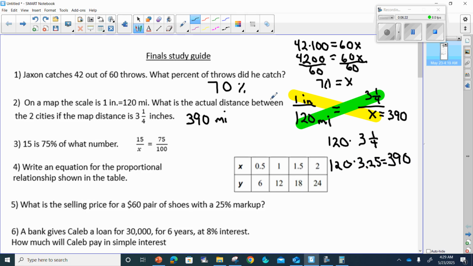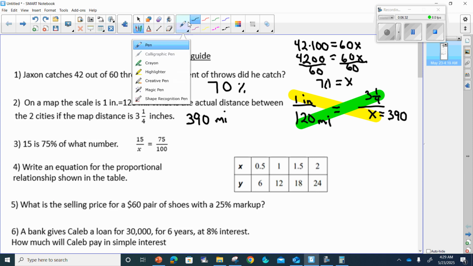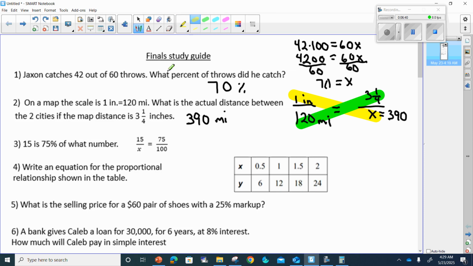All right, let's go on to number 3. Number 3 says 15 is 75% of what number? Well, we got cross multiplication written all over this again. We're going to take 15 and multiply it to 100 and make it equal to x times 75. So 15 times 100 equals 75 times x.